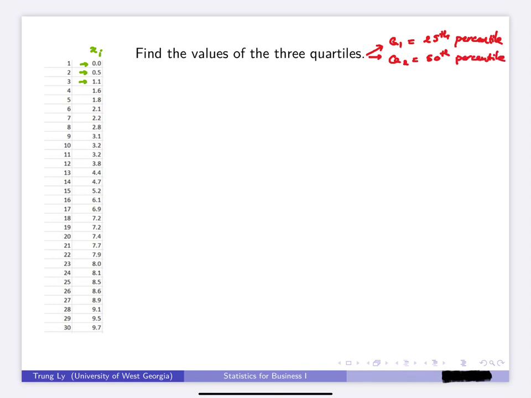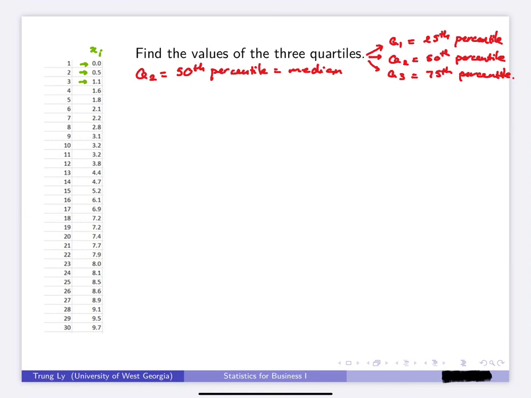And then the third quartile, which is denoted by Q3, is the 75th percentile. And as you will see in a little bit, the second quartile, Q2, which is the 50th percentile, is exactly the median that we have talked about.